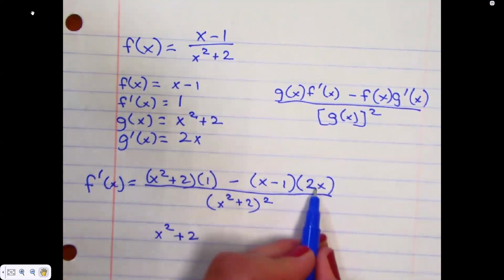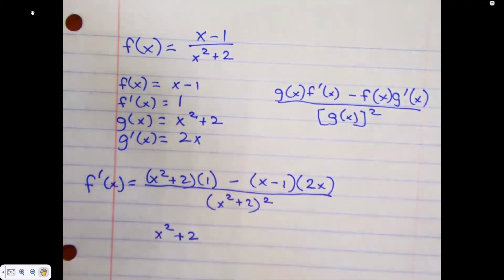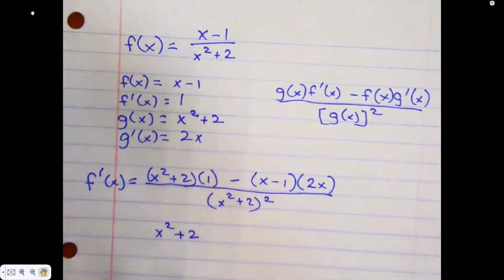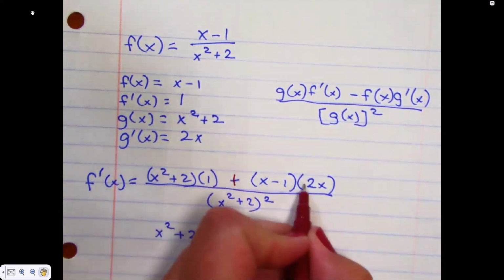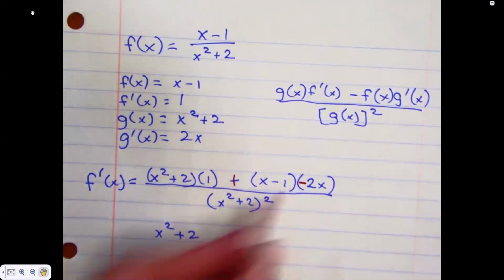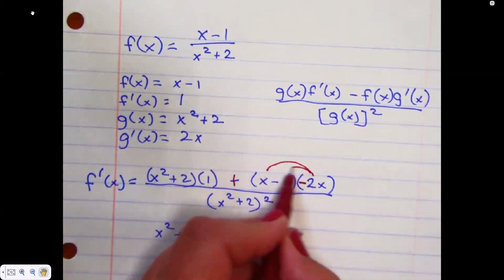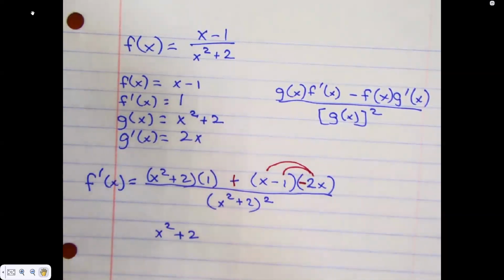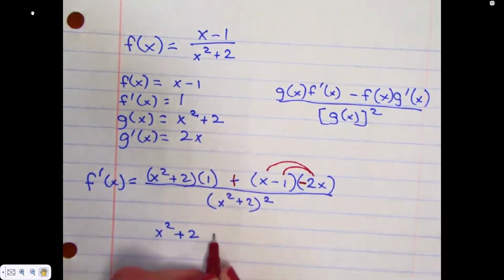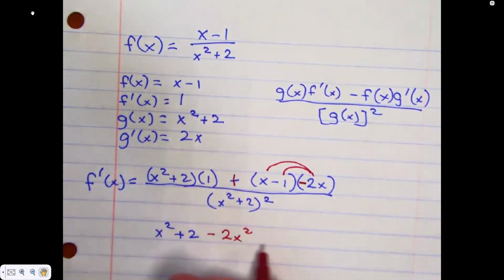Just be careful here. What you could do to save a little time is change this to plus and put the negative here, and then distribute the negative and the 2x together. Just make sure that negative gets to both. So it would be negative 2x squared, and it's actually going to be plus 2x.